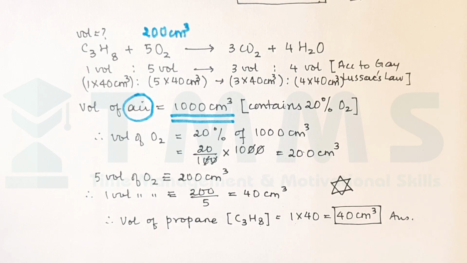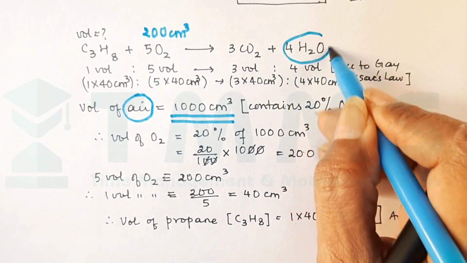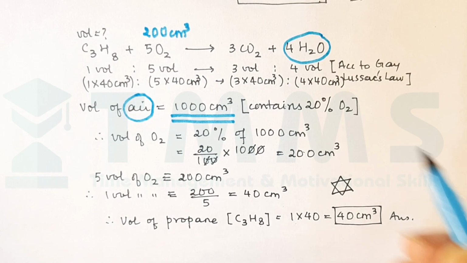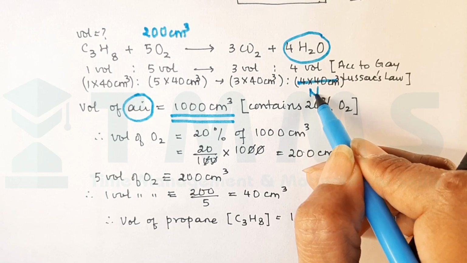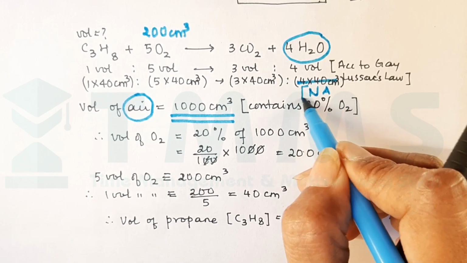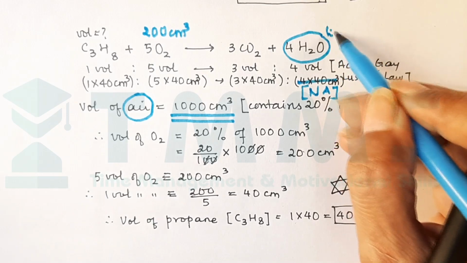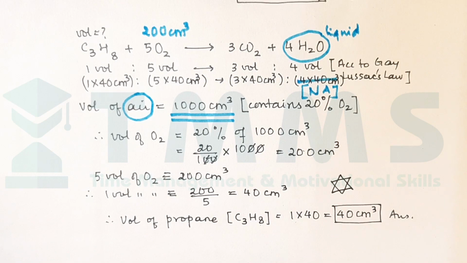Okay, so far good. Now, I want you to tell me the resultant mixture at room temperature. If it's at room temperature, what do you think this will be? This will become water. And if this is water, then in that case, we will have to write over here, not applicable. Why not applicable? Because if this is in liquid state, then I cannot apply Gay-Lussac's law.